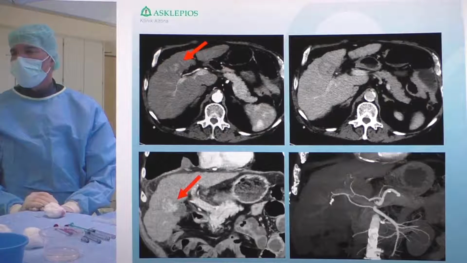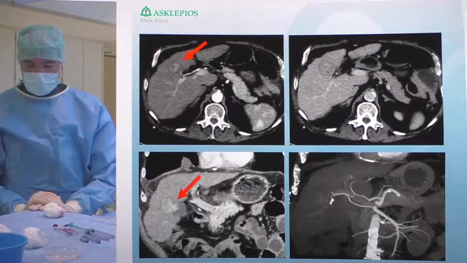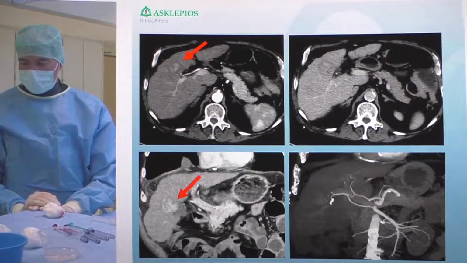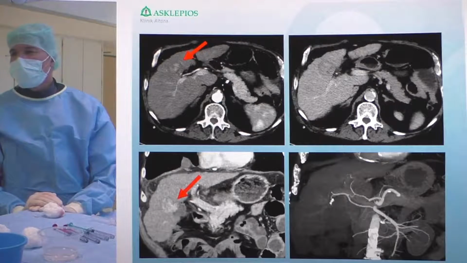There seems to be a collateral towards the left vascular area, towards the perfusion territory.